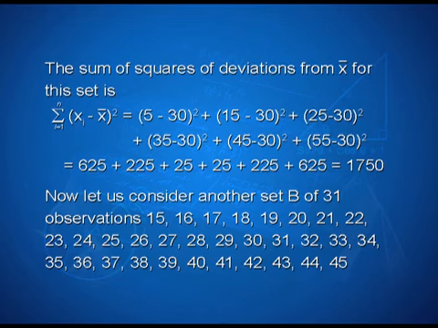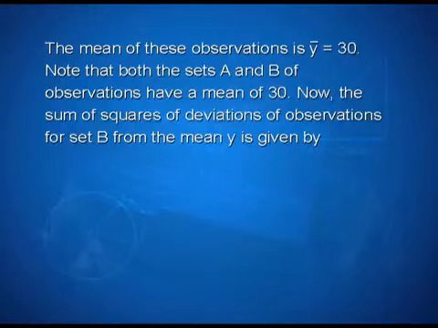Now, let us consider another set B of 31 observations, namely 15, 16, 17, 18, 19, 20, 21, 22, 23, and so on till 45. The mean of these observations, y bar, is equal to 30. Note that both the sets A and B of observations have a mean of 30.